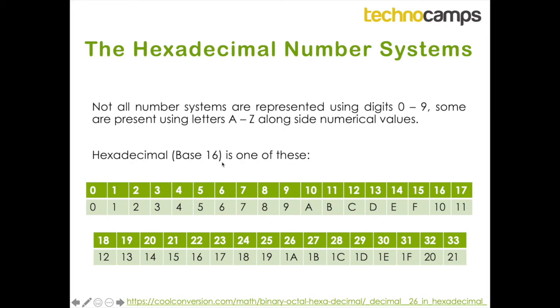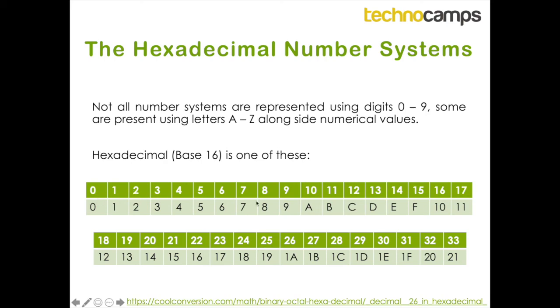Now base 16, I'll only talk about this briefly. What you can do if you are interested is look this up more for yourself. But if I briefly talk about base 16, in base 16 we use 16 symbols.